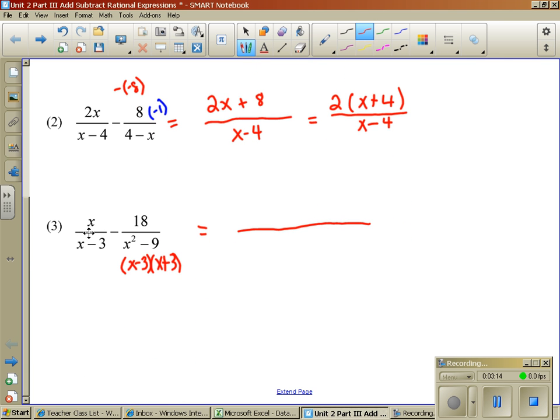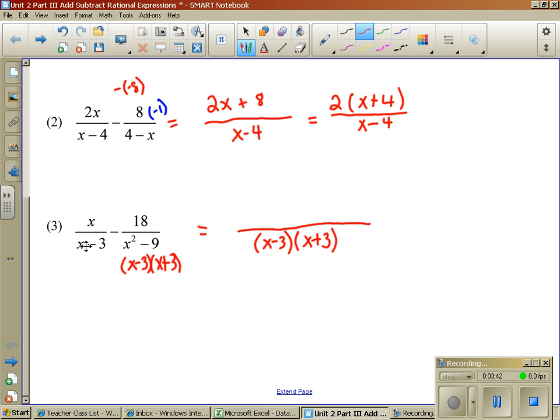So the least common multiple of these, we need everything. So we need an x minus 3. Okay, so that takes care of this part. Coming over here, we need an x minus 3, but we already have it, so we don't need it twice. We also need an x plus 3. So that's our least common denominator.